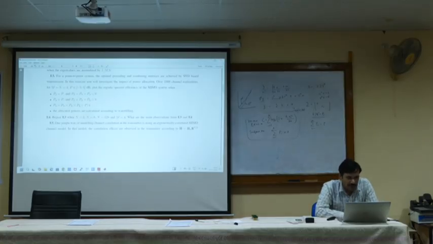So let's come to E5. In E5 we are talking about correlation. If the channel has some correlation, what will happen? One simple way of modeling channel correlation at the transmitter is using an exponentially correlated MIMO channel model. In this model, the correlation effects are observed at the transmitter according to this.